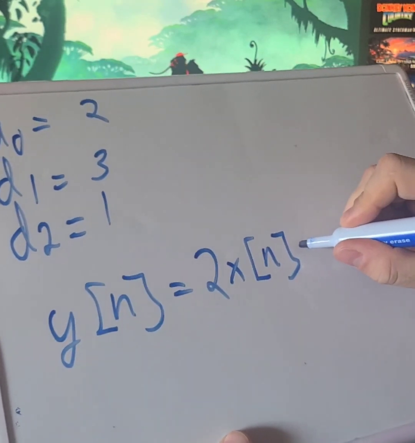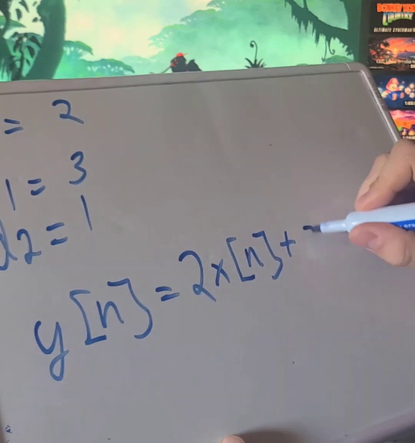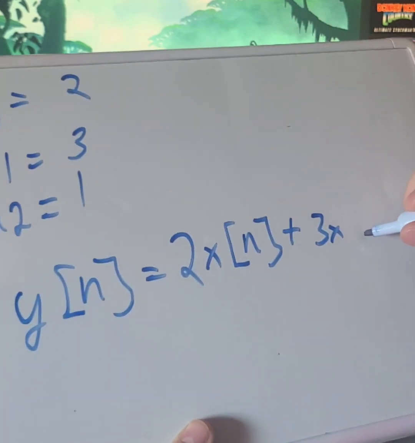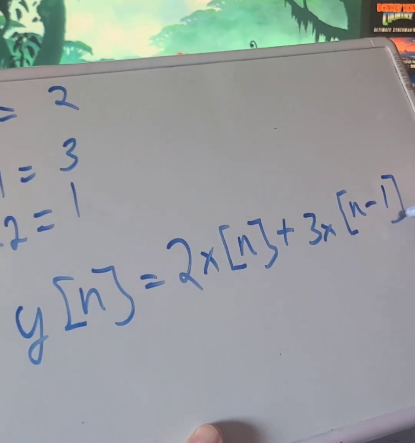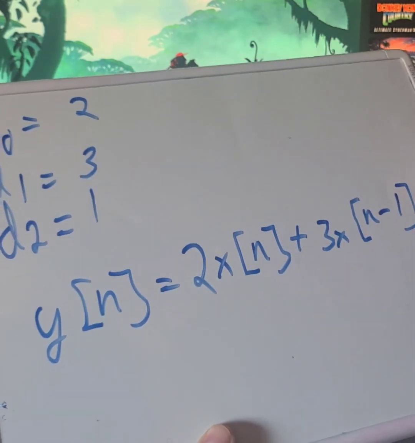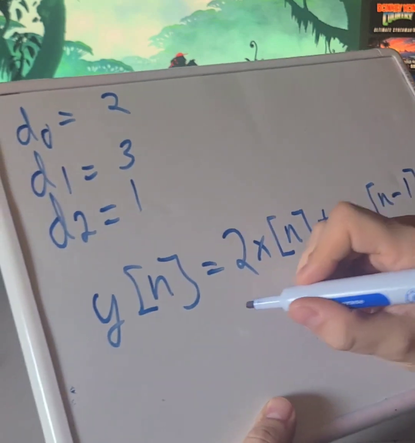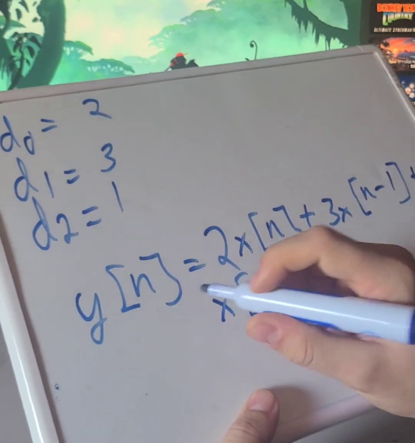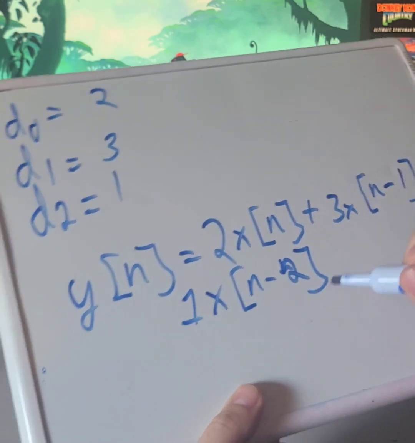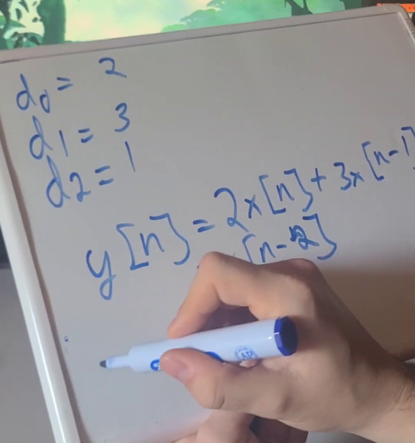And then that's going to be plus 3x[n minus 1] plus, and then you can say x[n minus 2]. Remember, we have an imaginary 1 here. And then this is your answer.